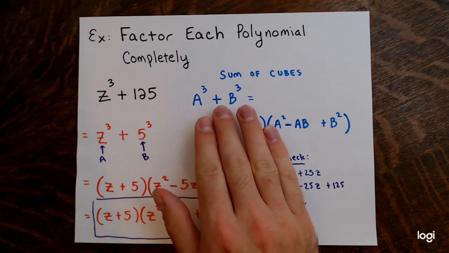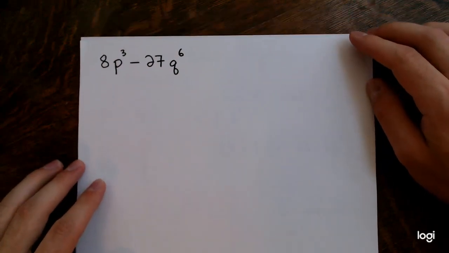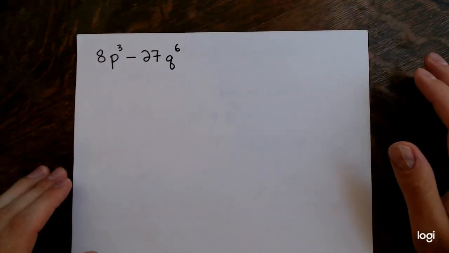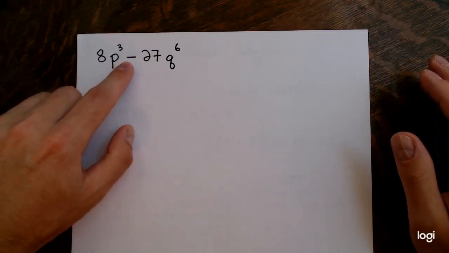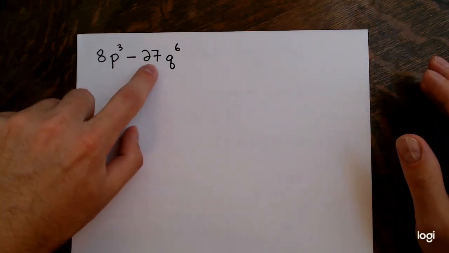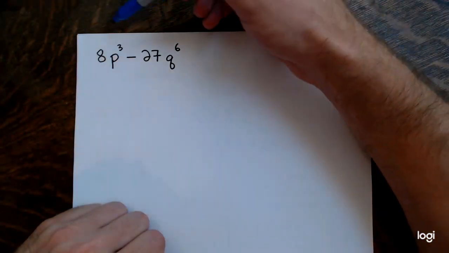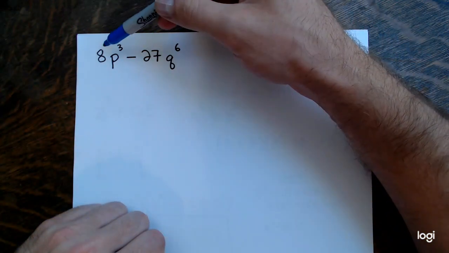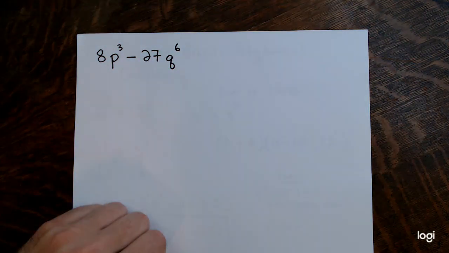It's going to be a difference of two cubes. So I've got here, where I have to again factor completely, 8 times p to the third minus 27q to the sixth. So again, I'm seeing two terms, right? 8p to the third, negative 27q to the sixth, two terms.